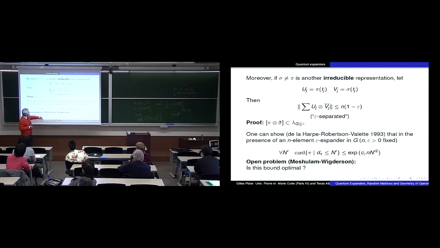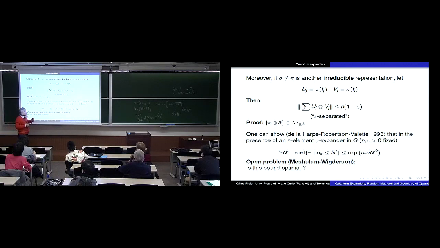It says the following. If you're in this situation, so you have an expander in your finite group. You have a fixed degree, little n. Little n is fixed. Epsilon also is fixed. You fix the spectral gap. But the group is arbitrarily large, okay? So you have no bound on the group.